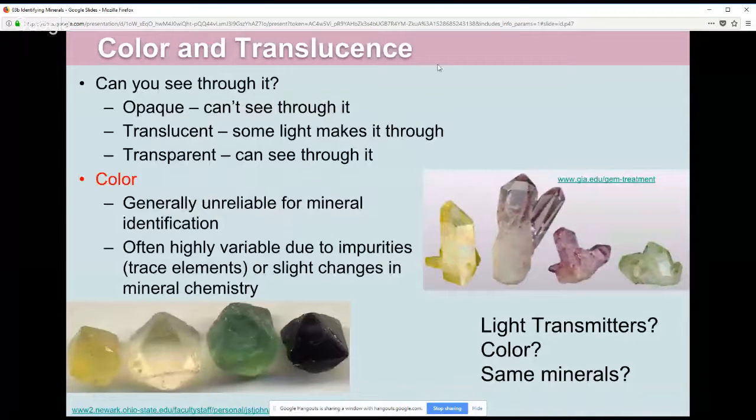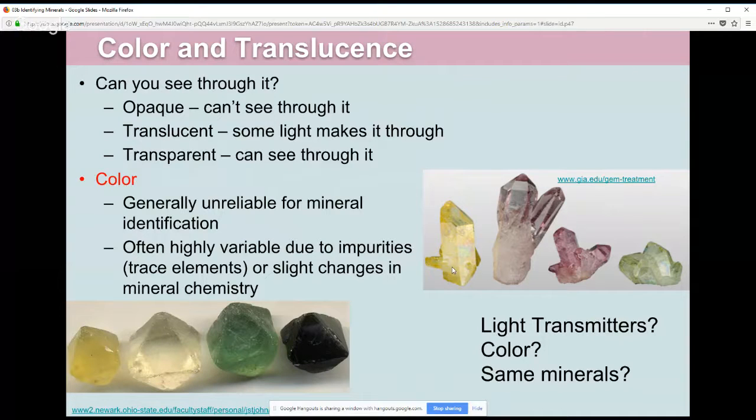First, let's talk about color and translucence. A lot of times, color is not a great indicator of the type of mineral that you're looking at. Take, for example, these different specimens of fluorite. In the bottom corner here, you have yellow and translucent and some green and some beautiful signature purple fluorite.